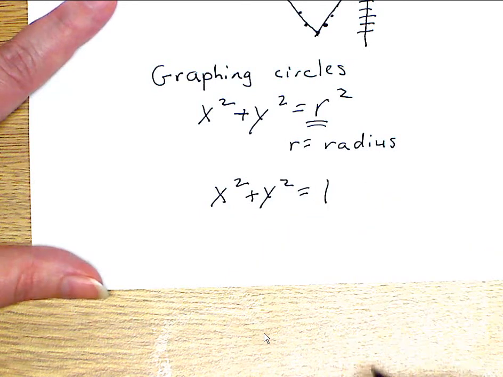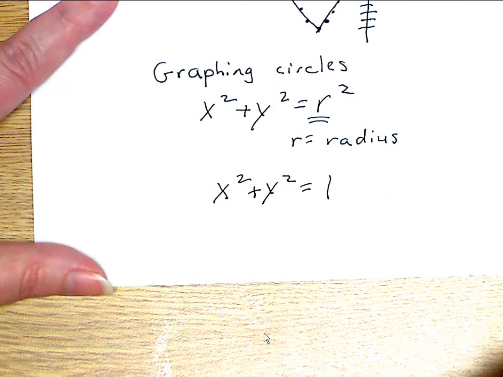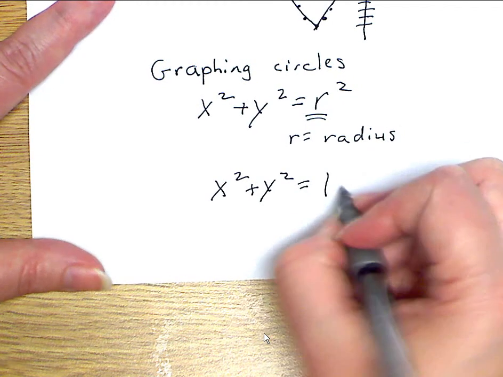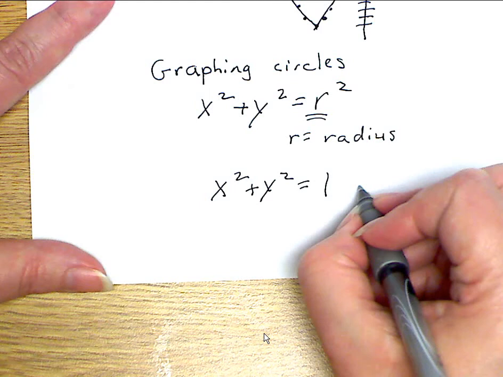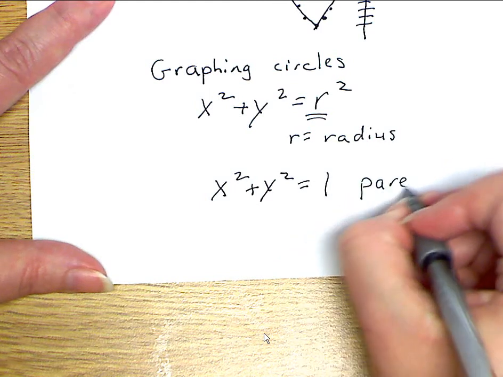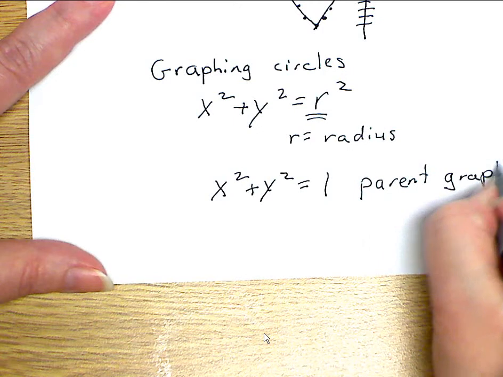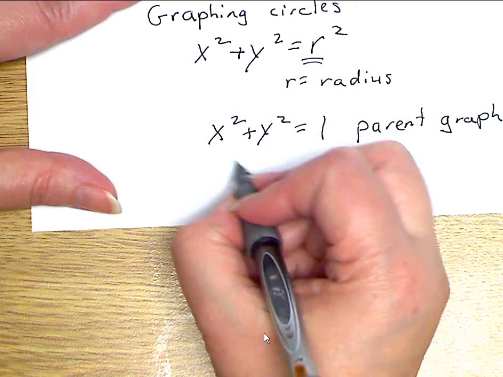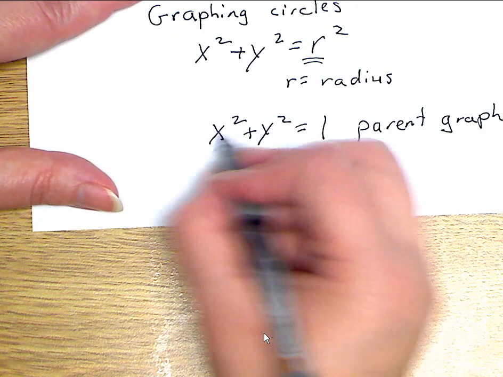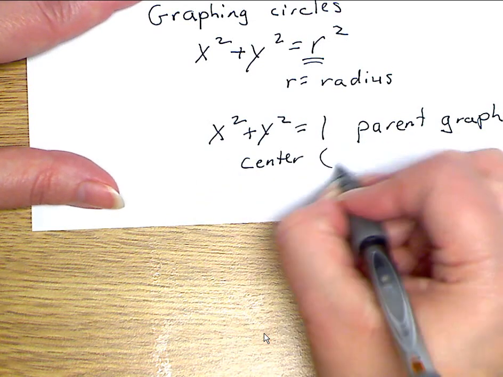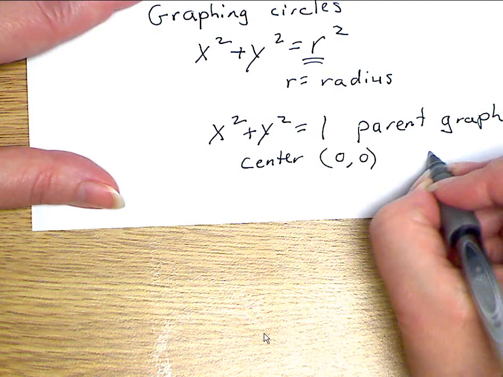So its parent, meaning the one that you always start with, sometimes we stretch it and make it bigger, but what we start with, this is the parent graph. It has a center of 0, 0, because there's nothing added to x or y. And it has a radius of 1.